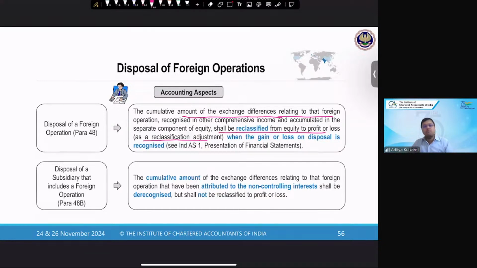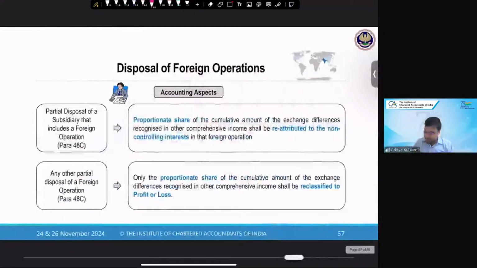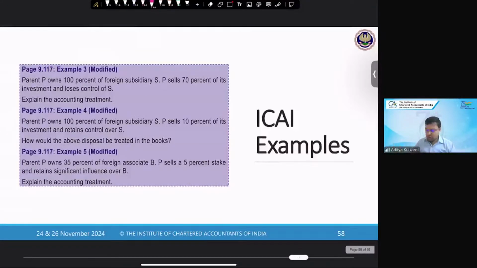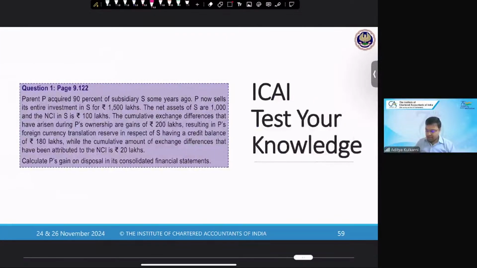So once you dispose of that foreign operation, whatever balance is there in the FCTR, you will bring it to the P&L. That is the one thing you must not forget. NCIs and all, once you study that, I will leave it at that point of time.